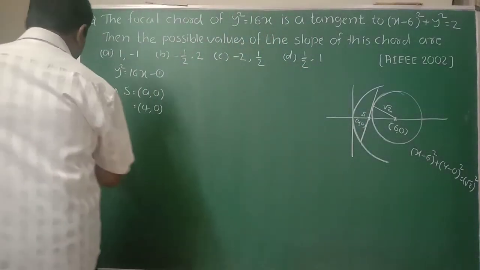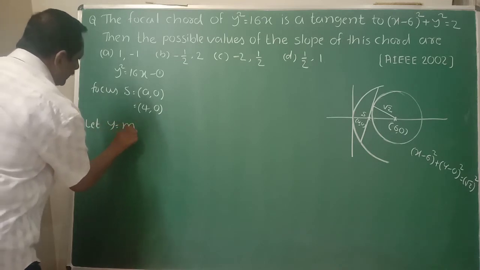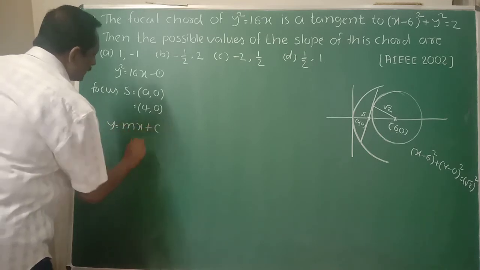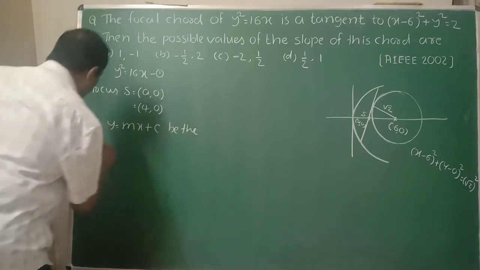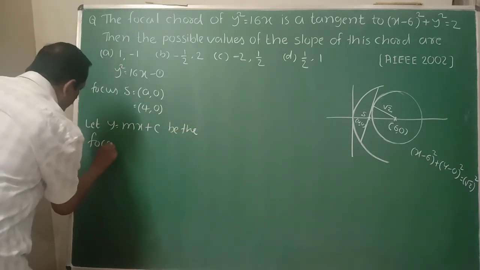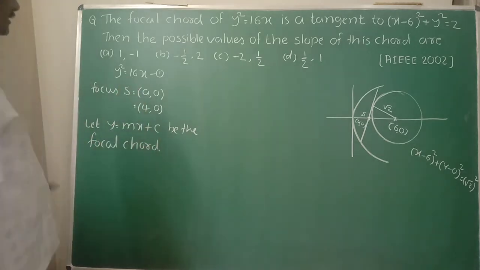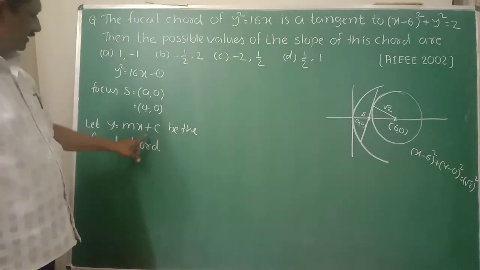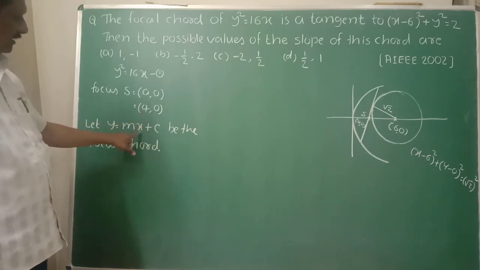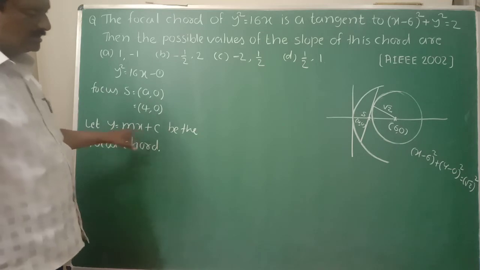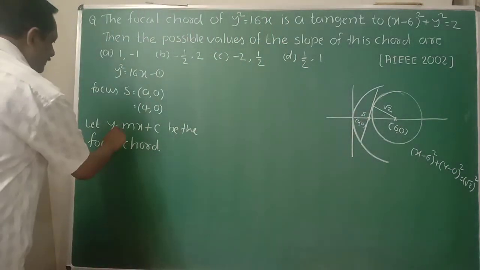Okay, so let us consider y = mx + c to be the focal chord. Put x value 4 and y value 0, because that line passes through the focus.